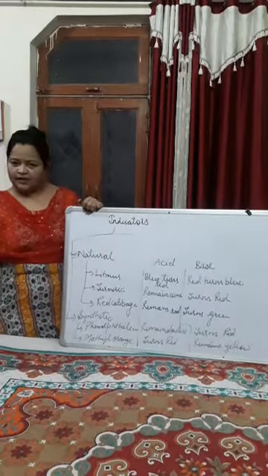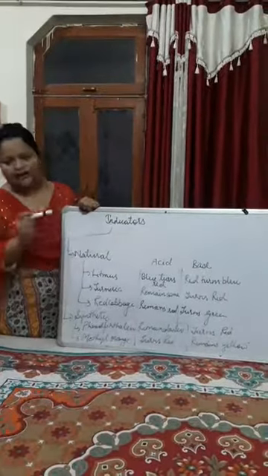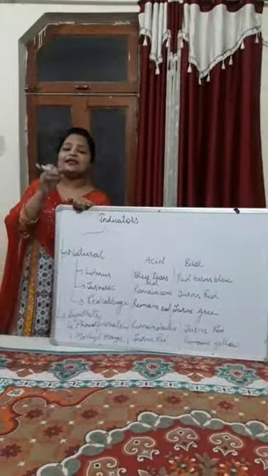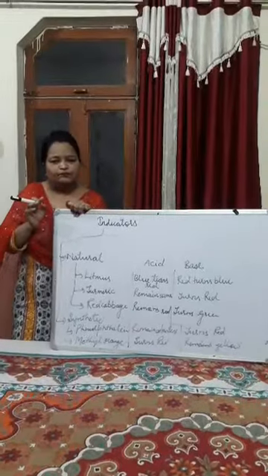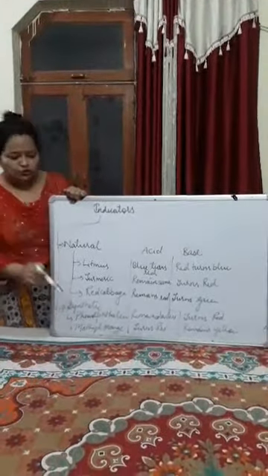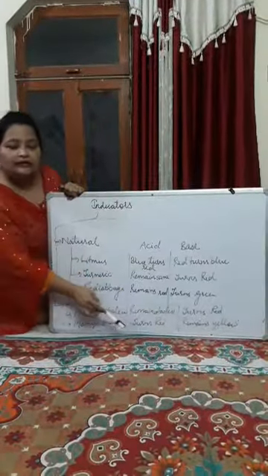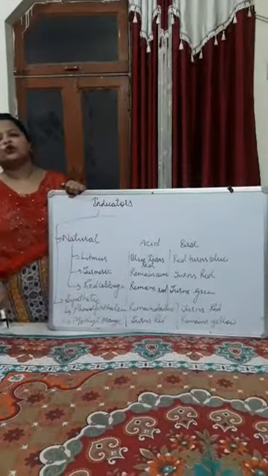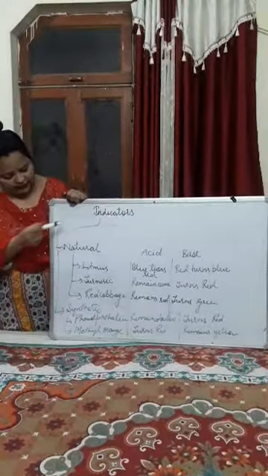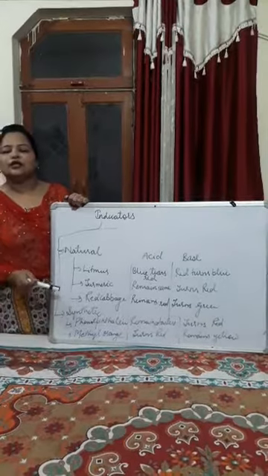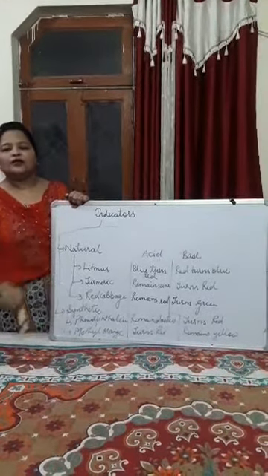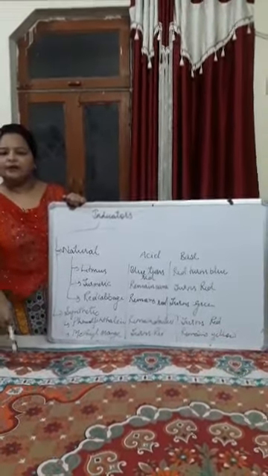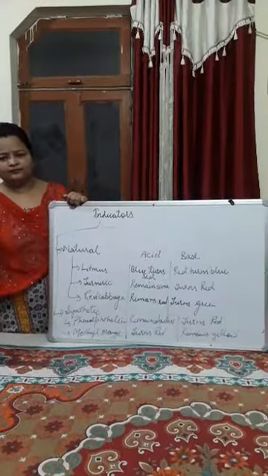Okay? Second is methyl orange. Methyl orange, as the name suggests, is yellowish orange in color. It remains yellowish orange in base, but it turns red when it comes in contact with acid. So these are some indicators that can be used in the lab to find out whether the solution is acidic, basic or neutral.